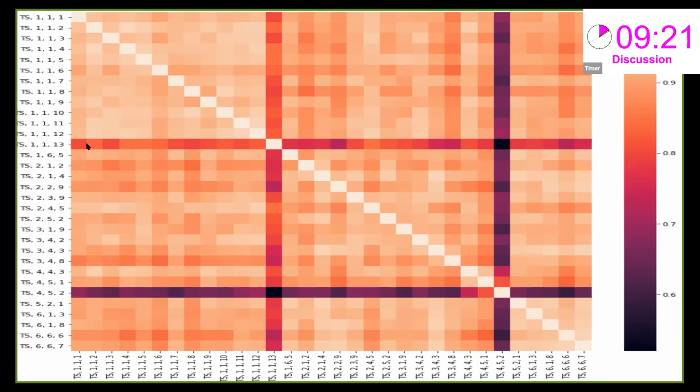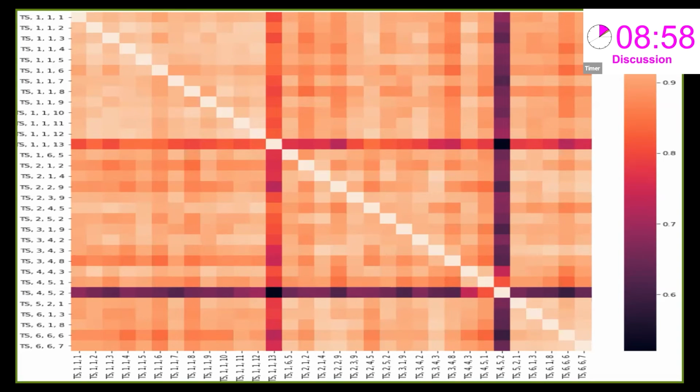The second point that you might notice is this slightly darker line of 1113. I also checked the codes, and chapter 1113 has a slightly darker color because this chapter has only 2 sentences. So I guess the amount of tokens is not enough to bring about a proper result.